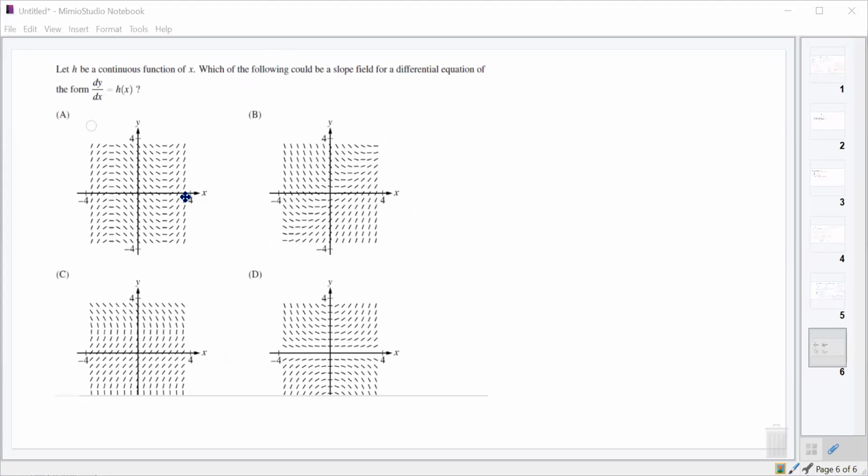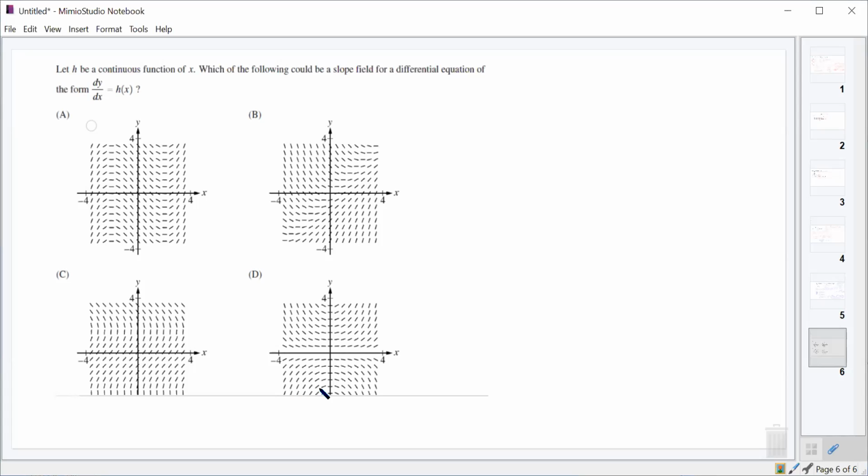All right. So, is that all it gave us? Did I miss something? No, that's all it gave us. Okay. All right, so we have h is a continuous function of x. Which of the following could be a slope field for a differential equation dy dx equals h of x?